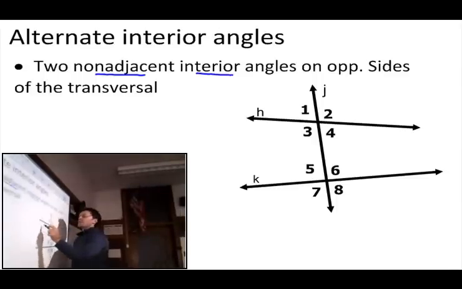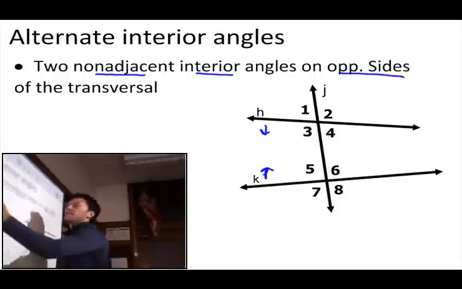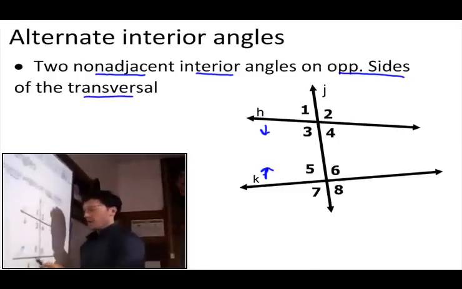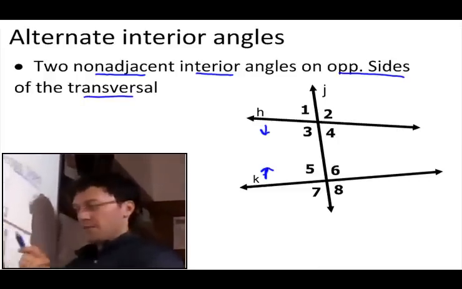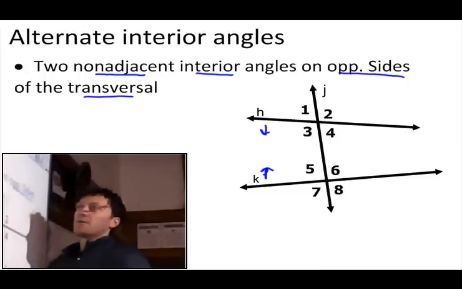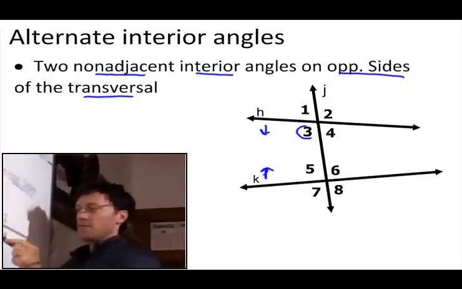They're interior, so they're on the inside of these lines that are being intersected, and they're on opposite sides of the transversal. Okay, so all the interior angles are 3, 4, 5, and 6, and I'm looking for two non-adjacent. Okay, so let's look at 3.